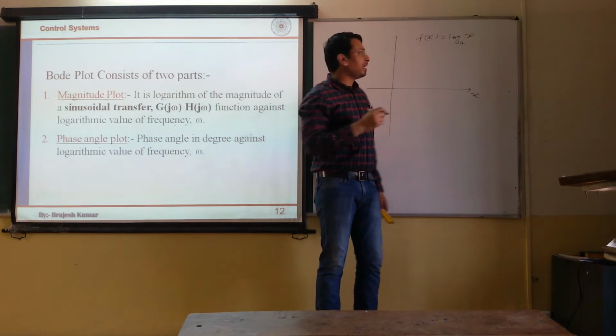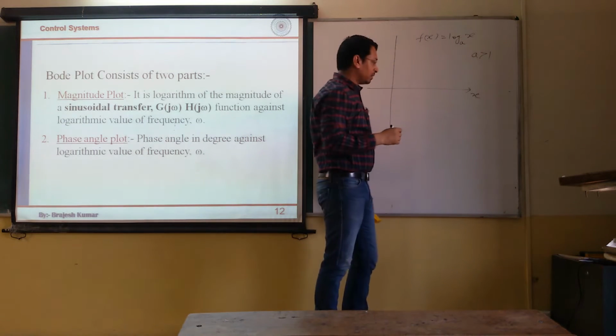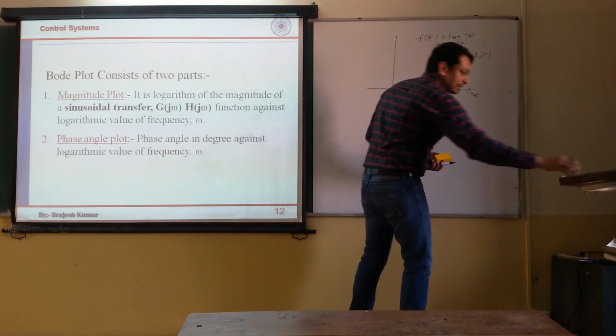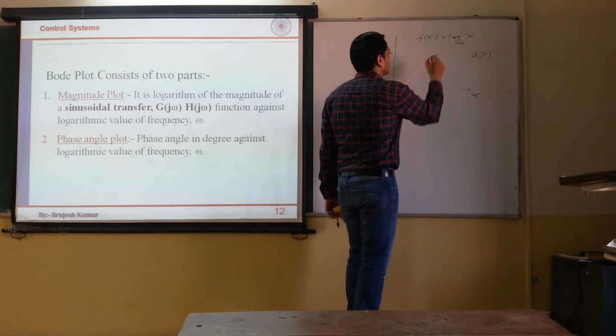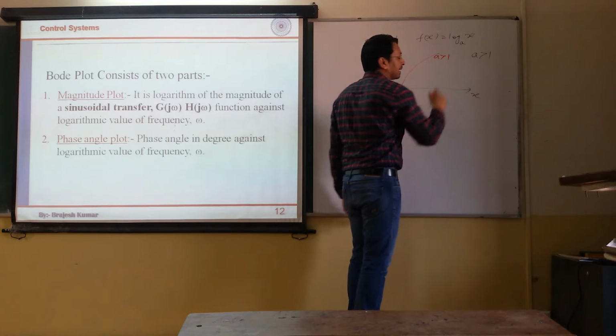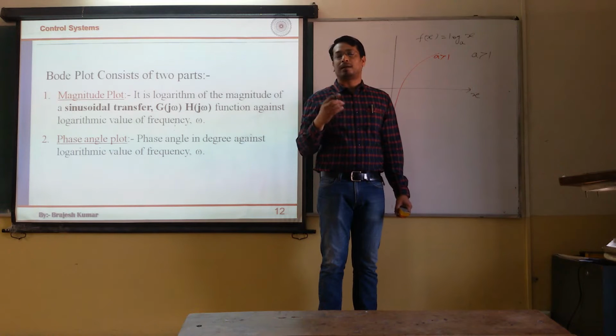When this base a is greater than 1, your graph will be like this. I am plotting the graph of the logarithmic function. This is for a greater than 1, and I have just defined that while plotting the Bode plot you are going to take base 10.